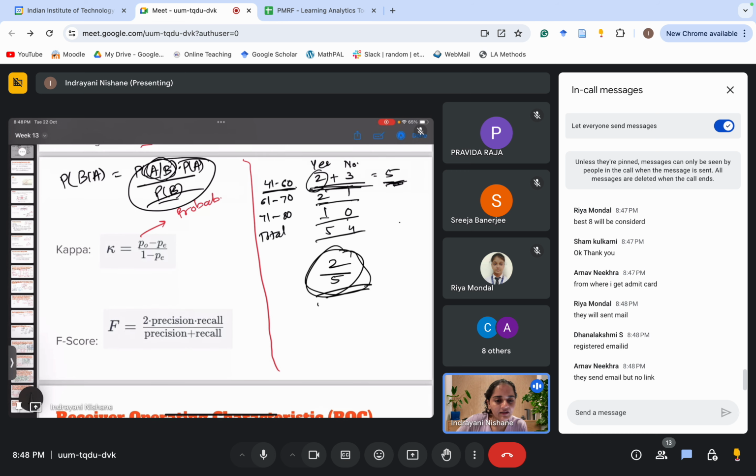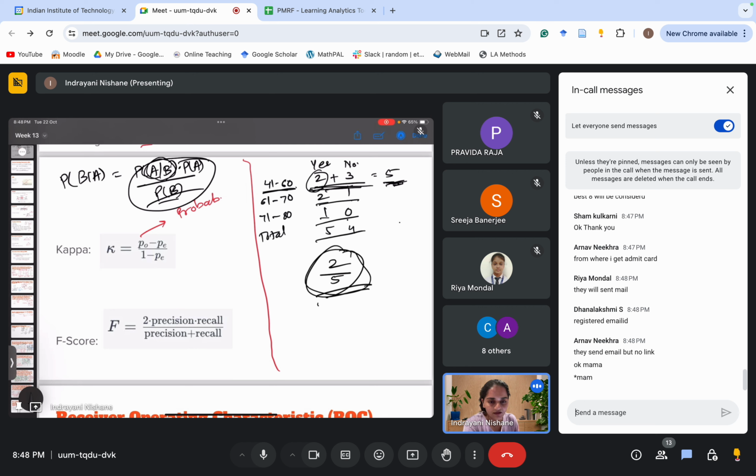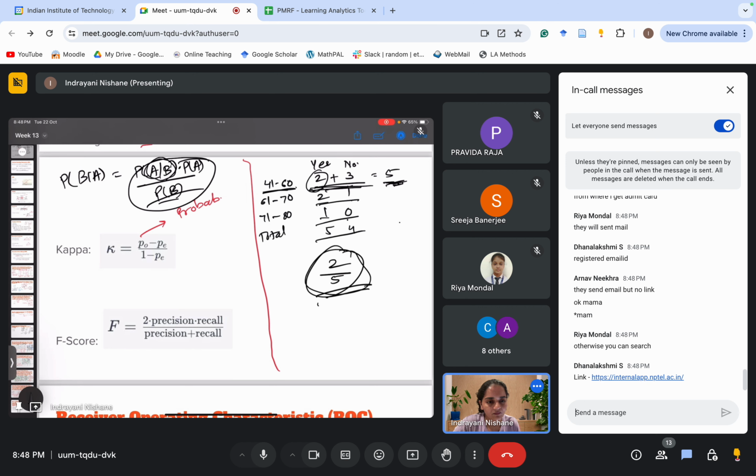If there is no link, then mail them again and let them know that the link was missing so that they can send you the link. They generally reply very quickly about such queries. Yeah, so the link has been shared. Please go through this link and check if there is provision for downloading based on your registered email ID or other information. Okay?